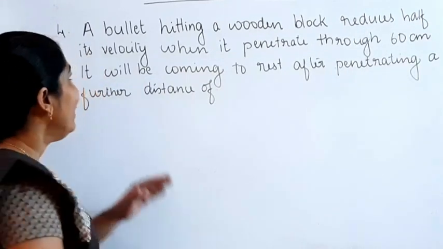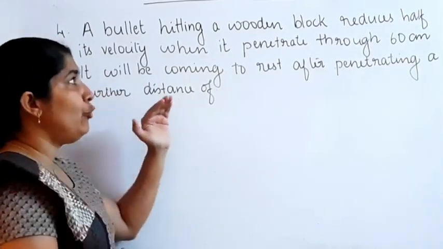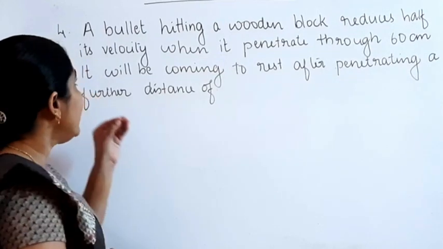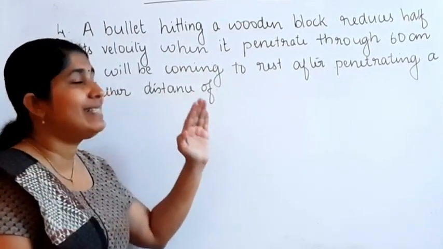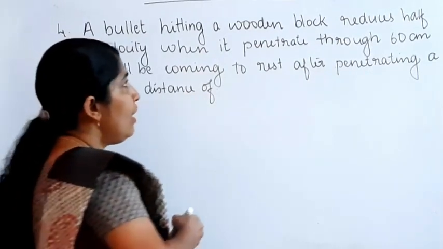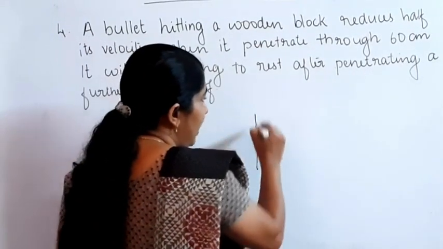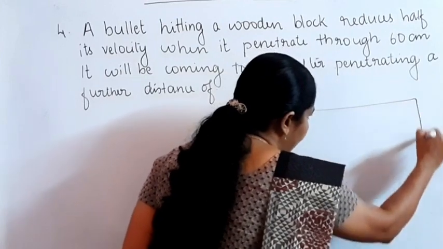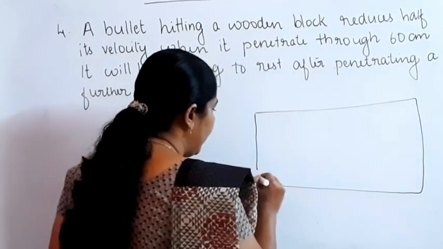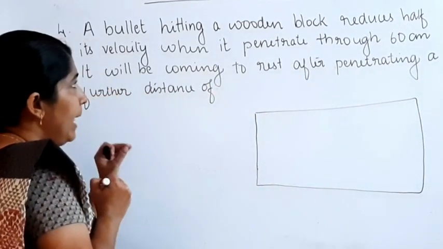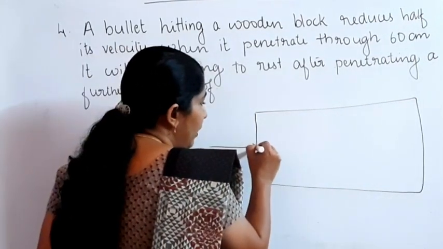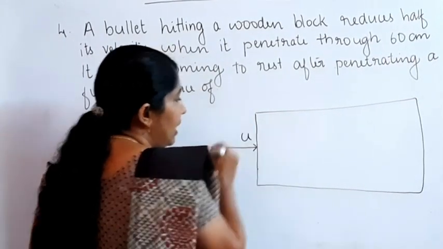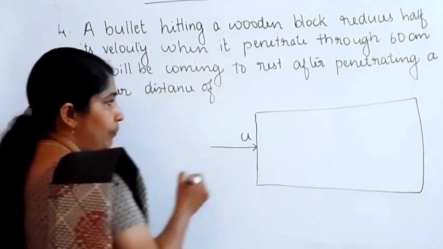Next question. A bullet hitting a wooden block reduces to half its velocity when it penetrates through 60 centimeter. From this question, there will be a wooden block, and a bullet penetrating into this wooden block with an initial velocity u.